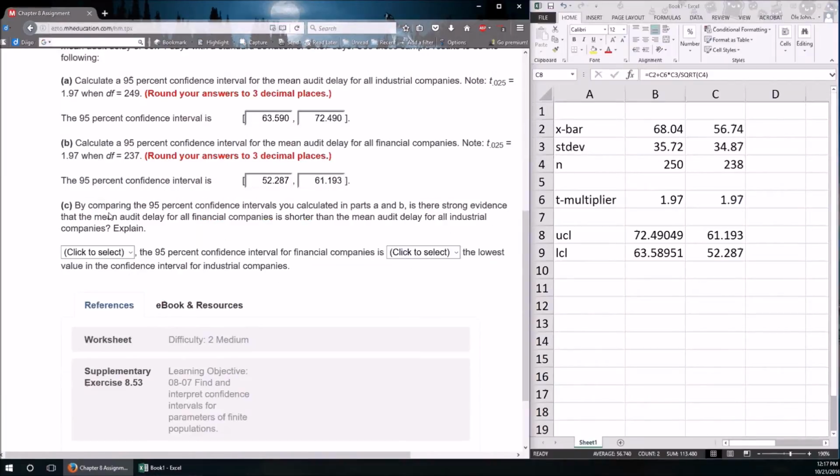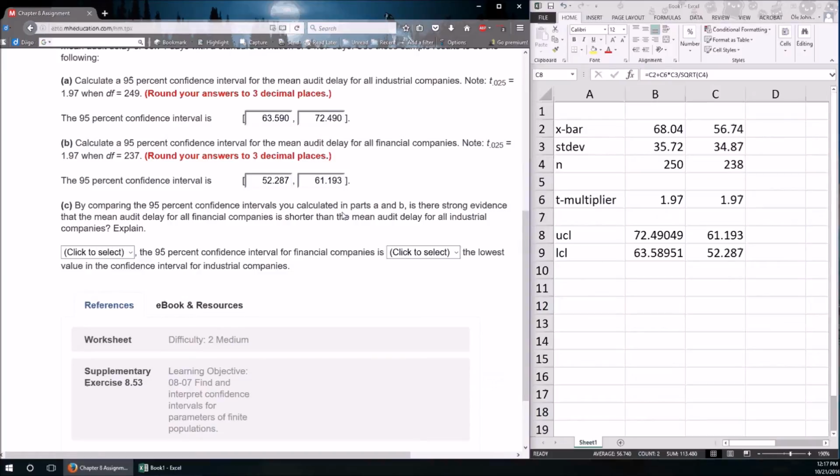And then part C, by comparing the 95% confidence intervals that we calculated up above, notice that this entire confidence interval, the one corresponding to the mean audit delay for financial companies, is less than this entire confidence interval, which is the mean audit delay for industrial companies. So we can confidently say that financial companies have a lower mean audit delay than industrial companies.